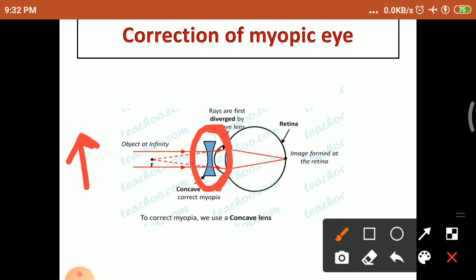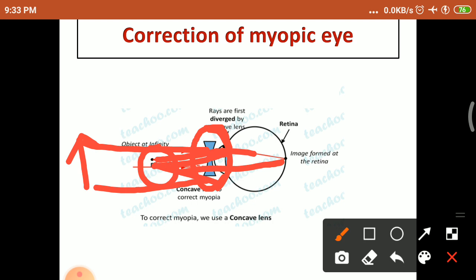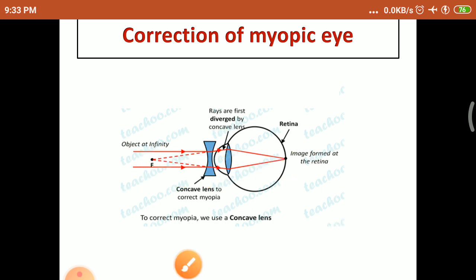So the rays coming from the object fall on the concave lens. When the object is placed at infinity, the concave lens forms the image at focus. So this is the far point of the myopic eye. These rays again pass through the crystalline lens, and the image is formed on the retina. So using a concave lens, we can correct the myopic eye.